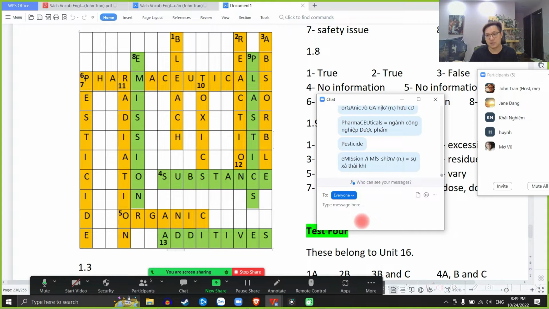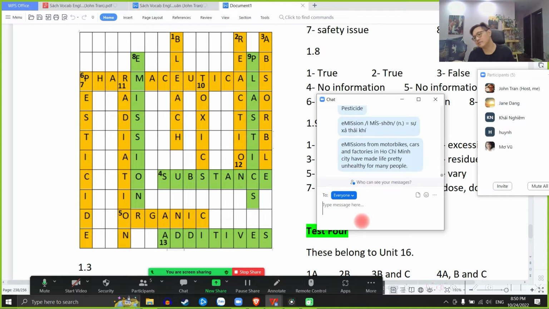Like emission from cars and motorbike in Ho Chi Minh City, for example. Emissions from motorbikes, cars, and factories in Ho Chi Minh City have made life pretty unhealthy for many people.